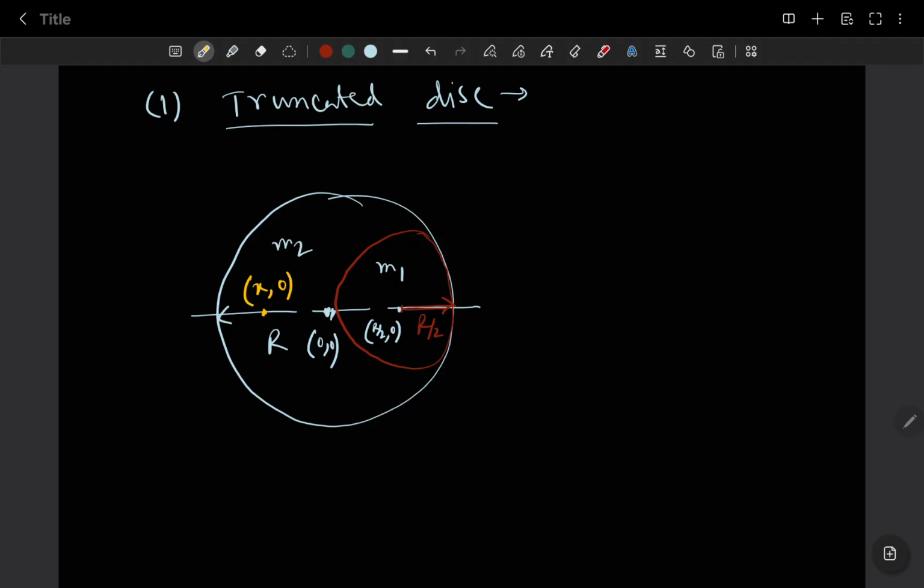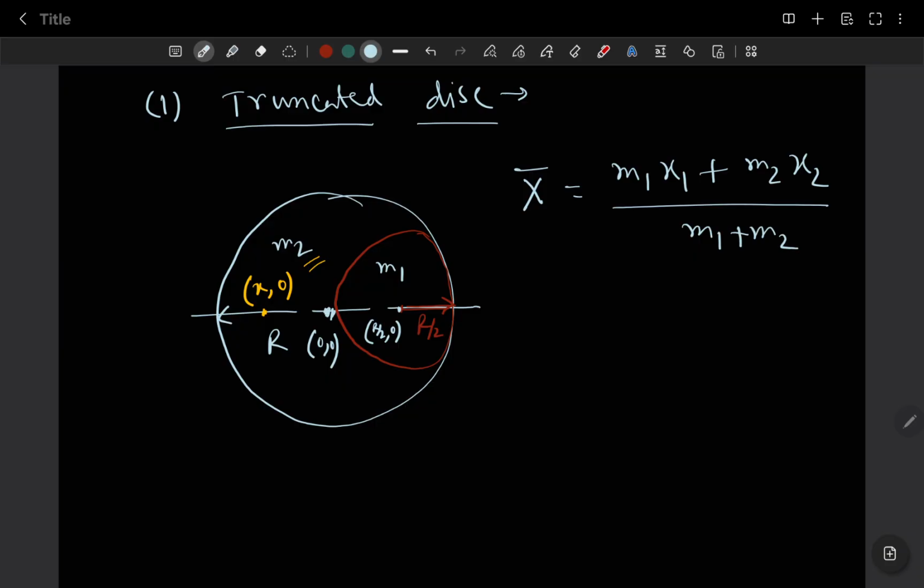Fine. So now see, at x0 the center of mass of the rest of the disk lies, that is m2, and at r by 2, 0 the center of mass of the truncated part of the disk lies, that is m1. For the whole system, that is truncated part plus rest of the disk, the center of mass coordinate x bar can be written as m1 x1 plus m2 x2 by m1 plus m2.